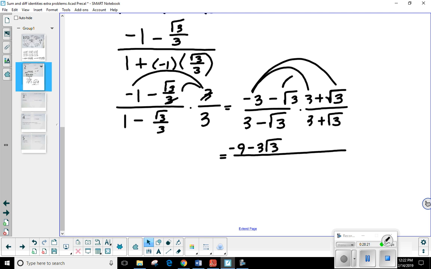But now, what happens when I multiply the inside? Again, it's the same thing. It's just that this one's negative, that one's positive. Okay. So minus 3 square root of 3. And then now we're going to multiply the last. So negative square root of 3 times square root of 3. Negative 3. What happens when you multiply a radical by itself?